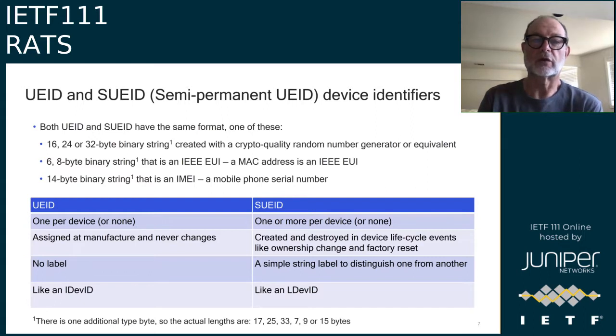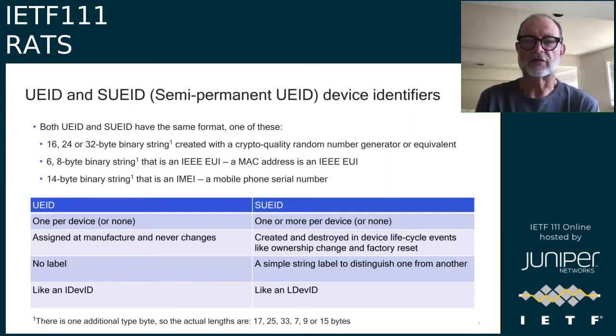Another way to do it is just to reuse a MAC address, same as an EUI-64. The global uniqueness of that is based on management by the IEEE. And then you can also use a 14-byte IMEI. Again, that's managed, I think, by 3GPP, the uniqueness of it.